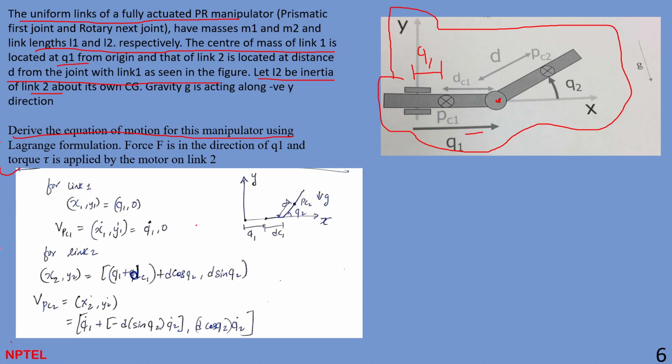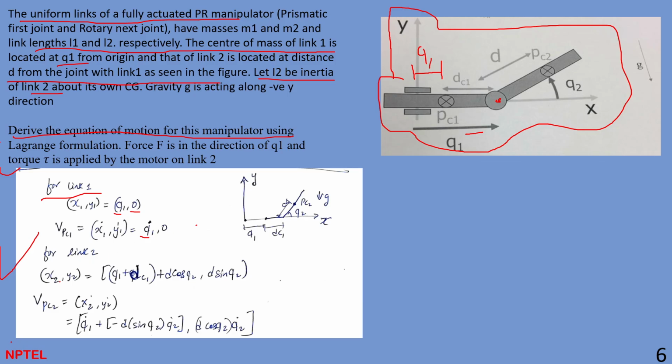Okay, so let's look at it link by link. This is the link one equation, and you see Q1 and DC1 is how the link coordinate has been given. First we look at the center of mass for link one, which is Q1, 0, because the y coordinate is 0. When you differentiate, you get Q1 dot and 0.